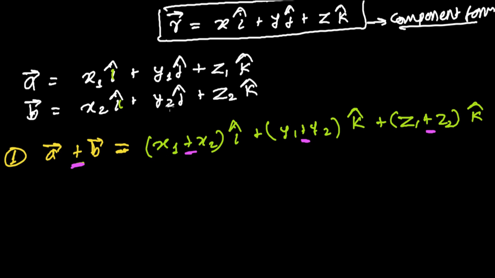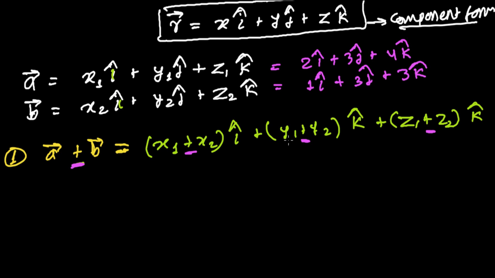For example, let me say this is 2i plus 3j plus 4k, and here let's say 1i, you don't have to write 1 for that, 3j plus let's say 3k. Now I want to find a plus b.